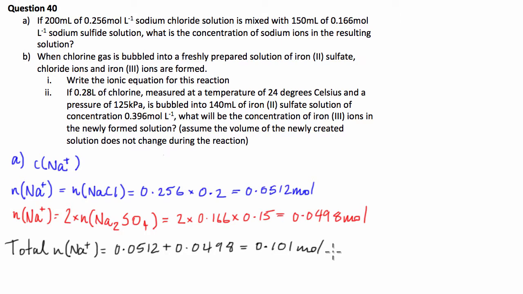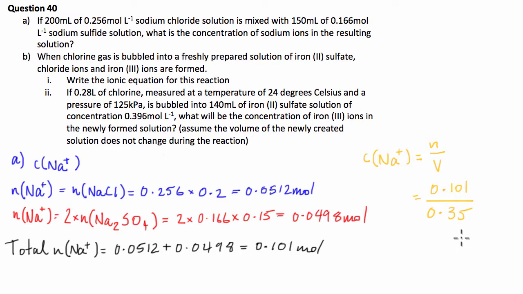Now, finally, this is our total moles of sodium in both solutions. We can then work out our concentration. So our concentration of sodium is equal to the number of moles over the volume, which is equal to 0.101 divided by the volume, which is both of these added together, so 350 mils, or 0.35 litres.